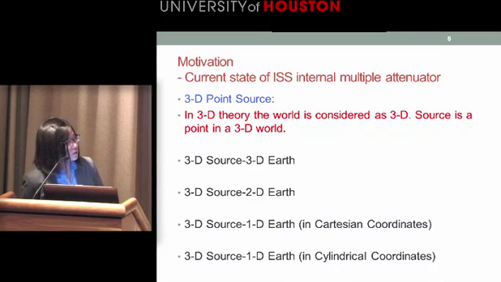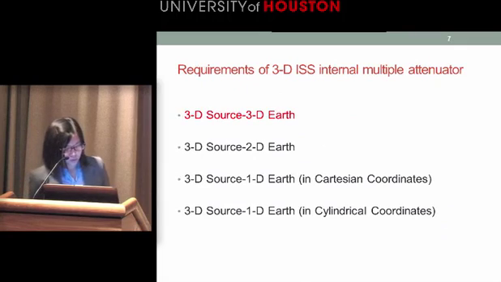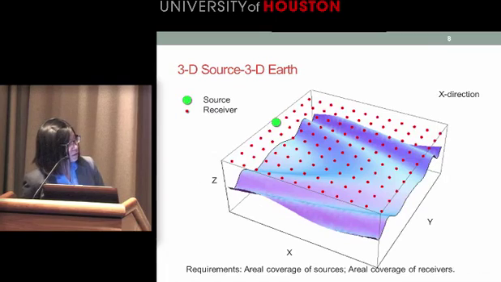For 3D source, 3D Earth, which is the most complicated case, our attenuator requires the coverage of both the sources and the receivers, which means you have to do the acquisition of the shots together along the x direction and also along the y direction. Eventually, you have full coverage of the sources and the receivers on the area you're interested in.